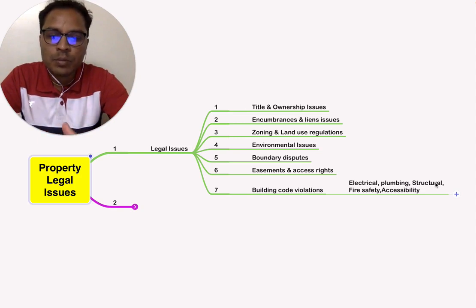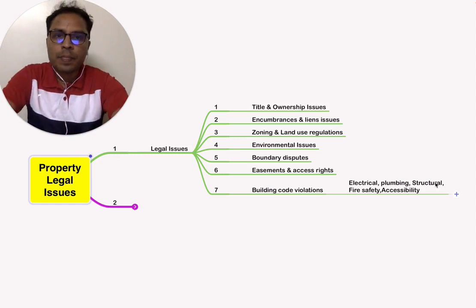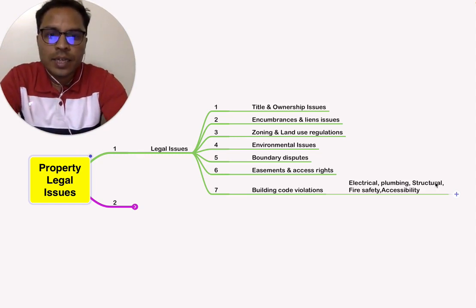Suppose they promise that they'll construct a built up area or carpet area, but they don't deliver as promised in the plan. That kind of issue arises under building code violations.